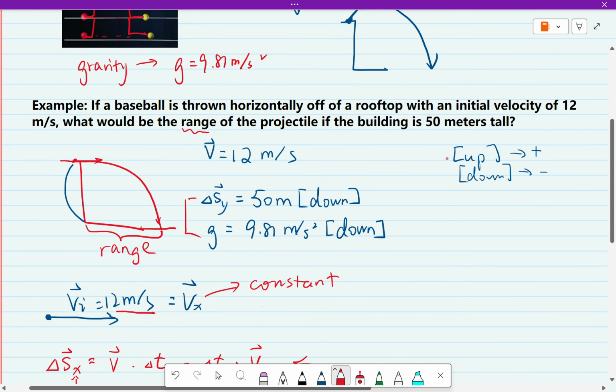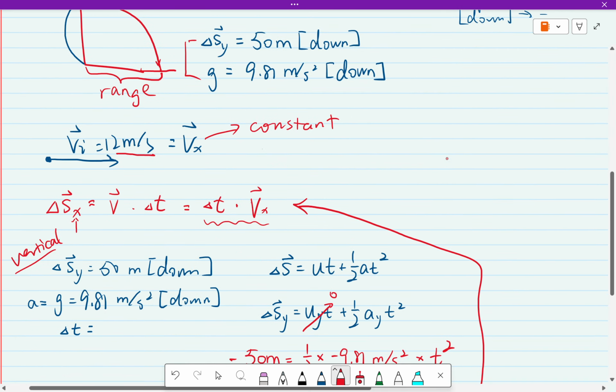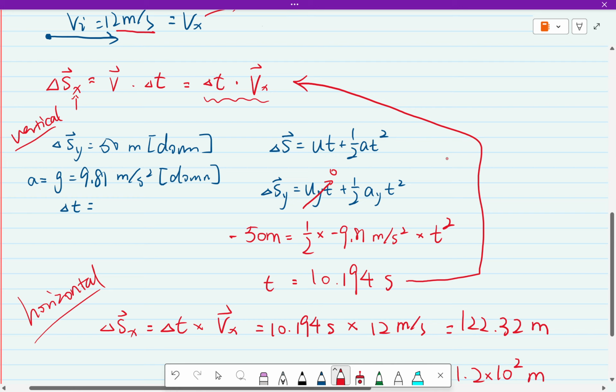When we're dealing with actual problem solving, we should list our variables, define our directions, draw a simple diagram to help us visualize the situation, and start analyzing by resolving the components if there's a need for that. Then look at the horizontal dimension and vertical dimension separately. For each dimension, think about what we are looking for and what kinematic formulas we can use.